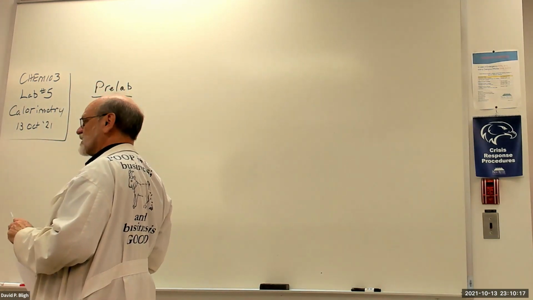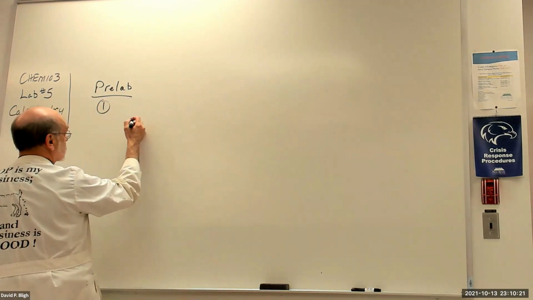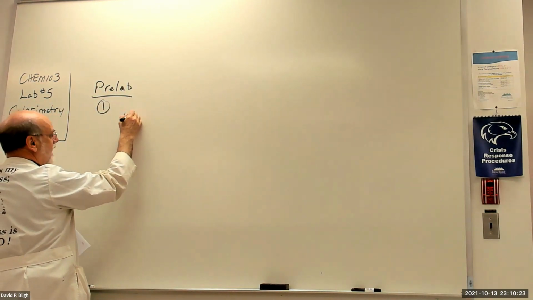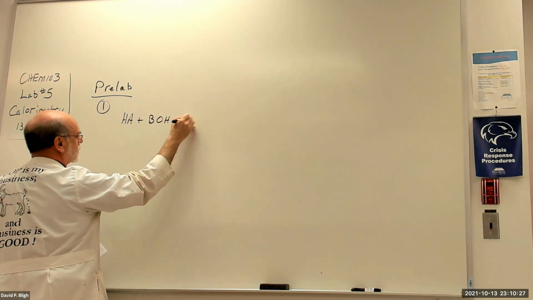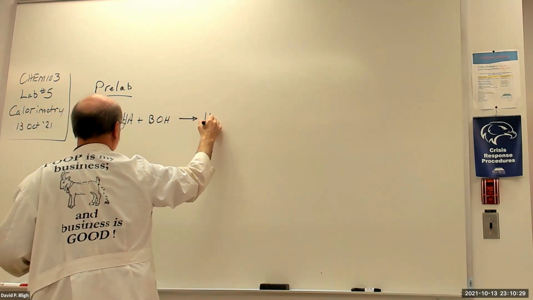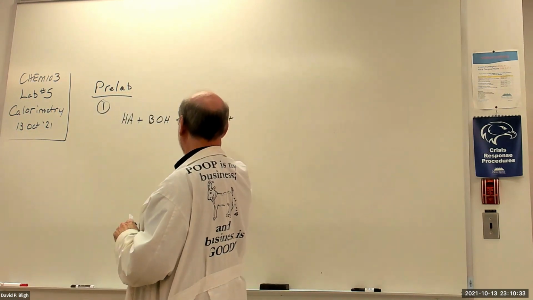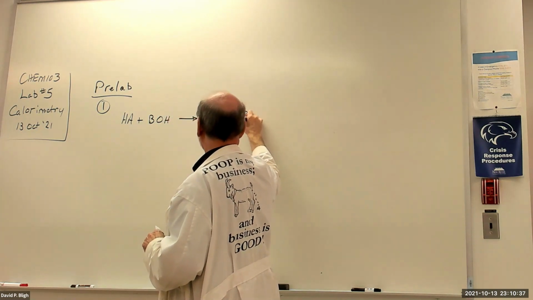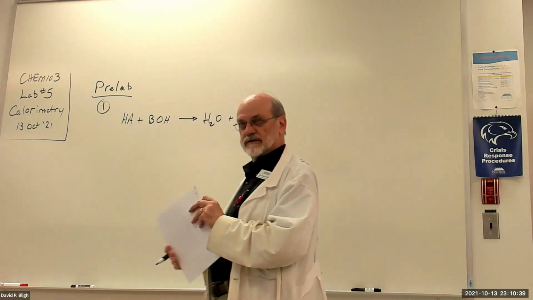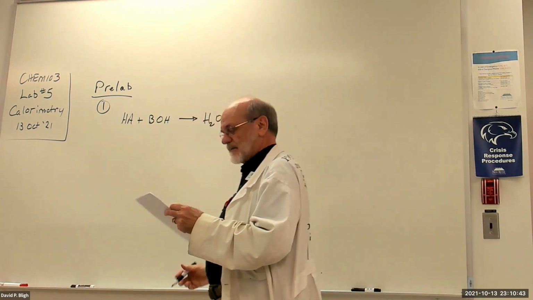It doesn't tell you what the acid is, so we have to say something like this: 1 mole of acid plus 1 mole of base produces 1 mole of water. Well, that only accounts for the hydrogens and the oxygen. So what we've got left over is the salt, this cation plus this anion. Okay.